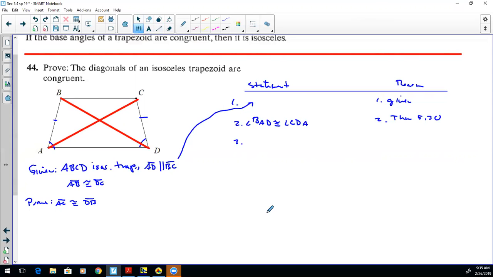And for 3, triangle BAD is congruent to triangle CDA. Actually I need an extra step in here. I need a step 2.5.